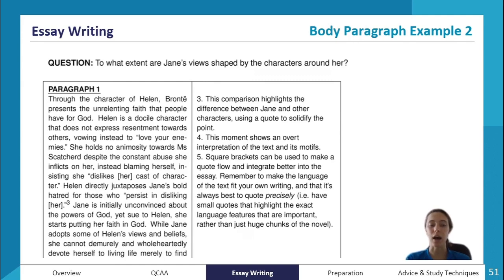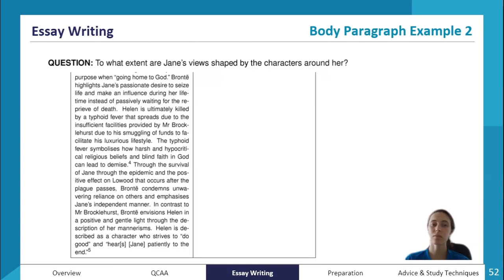And we can see here how square brackets have been used to make the quotes flow, because oftentimes your text is going to be having those first person pronouns, and we want those third person ones instead, with her and he and they, instead of I and me and you. And this is the end of the paragraph as well.